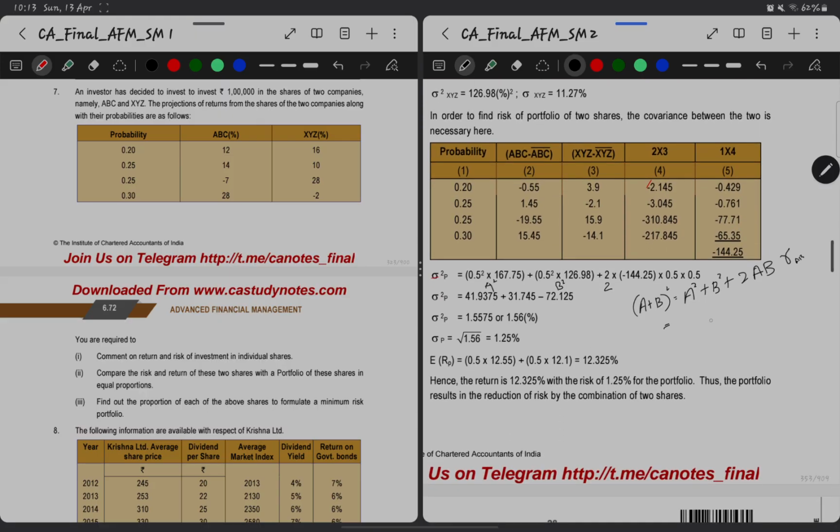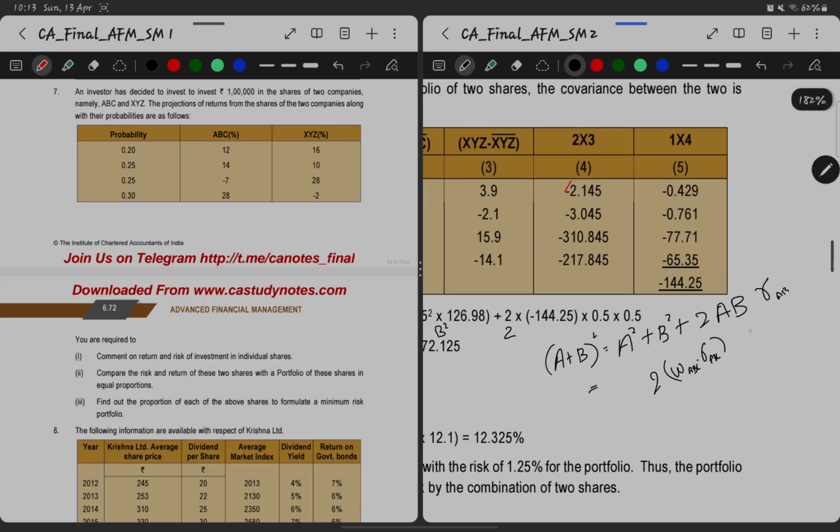Then they have taken 2 into weight of ABC multiplied by standard deviation of ABC, then weight of XYZ multiplied by standard deviation of XYZ multiplied by correlation of ABC and XYZ.